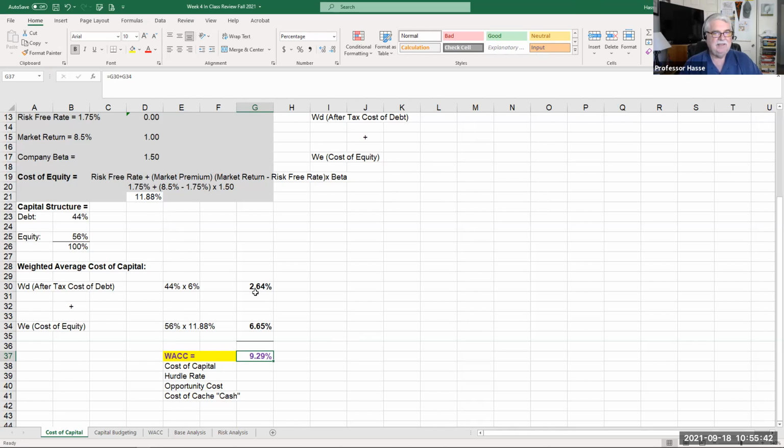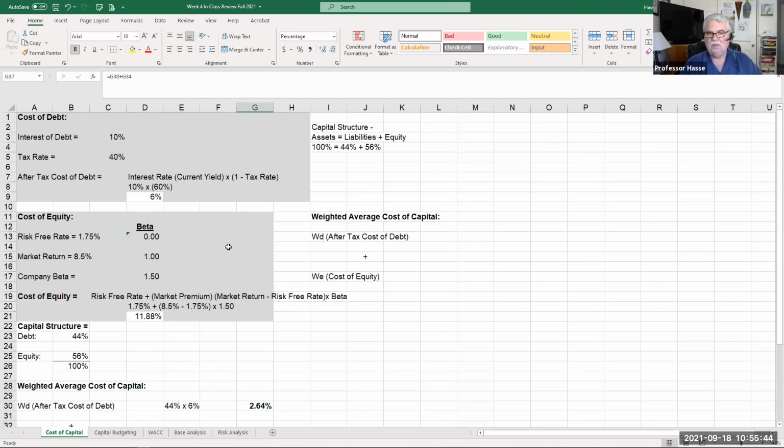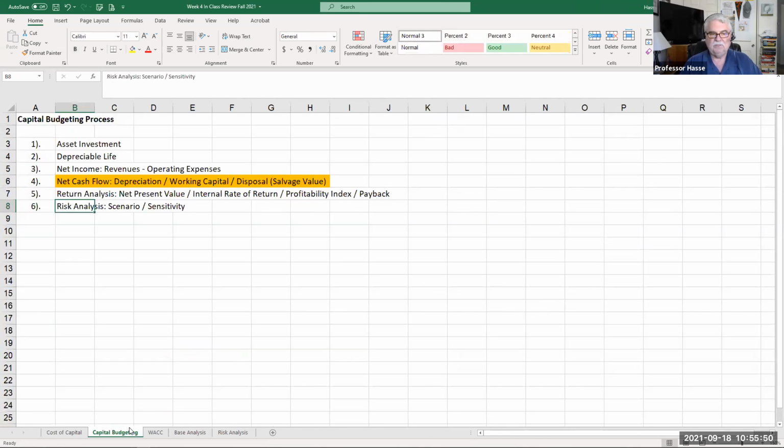So now let's apply this thinking of determining cost of capital to an actual case. Here we have a company under the capital budgeting tab that is going to go through the capital budgeting process. You're going to be gathering this information in case number 2 next week. In your capital budget process, you're going to determine what is the investment in the assets. How much are you investing?